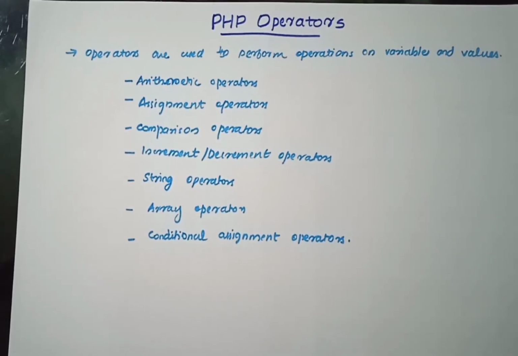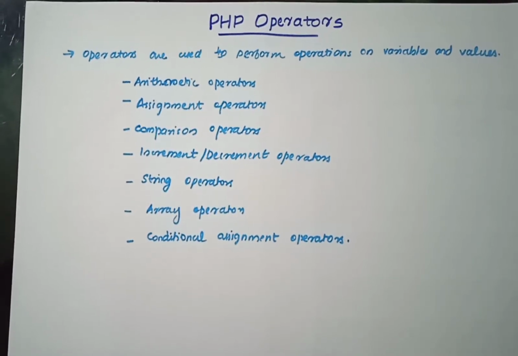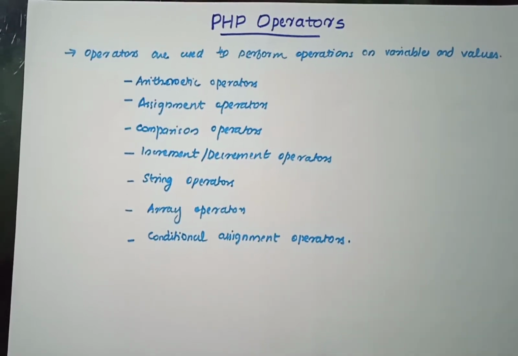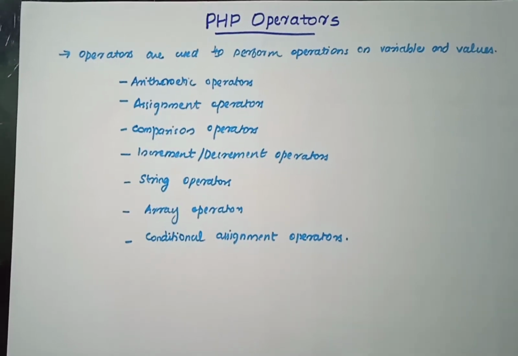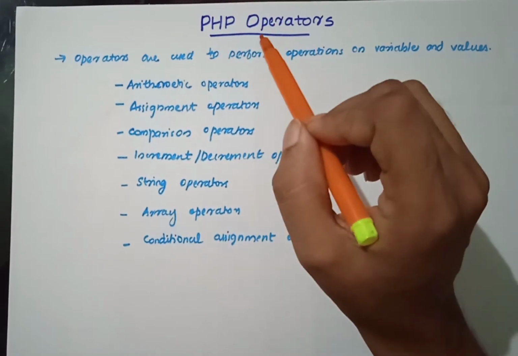So, we are going to start our session with PHP operators. So, what actually are operators? Operators are used to perform operations on variables and values. So, what are the different kinds of operations that are available in PHP? Let's see.